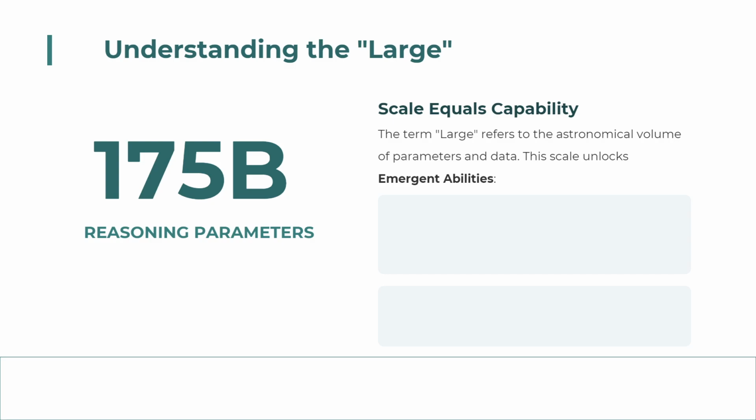When you reach this level of scale, something incredible happens. We see emergent abilities. This means the model developed capabilities it wasn't explicitly programmed for. It develops nuanced reasoning, the ability to understand irony, professional tone, complex logic.